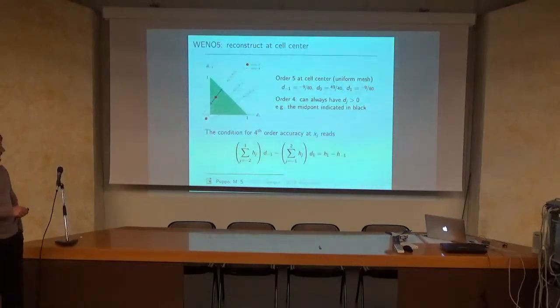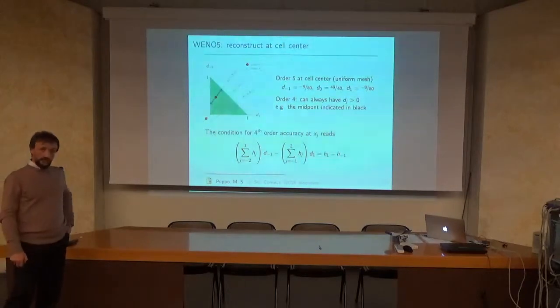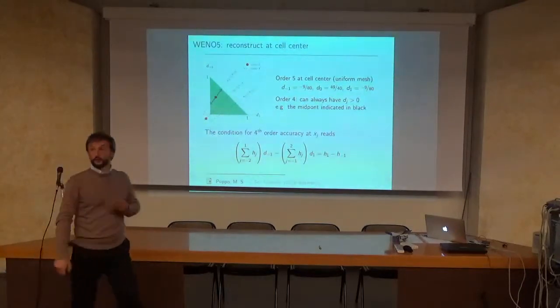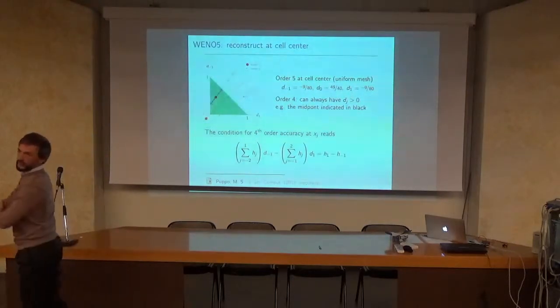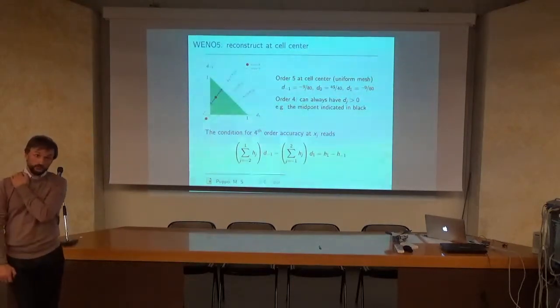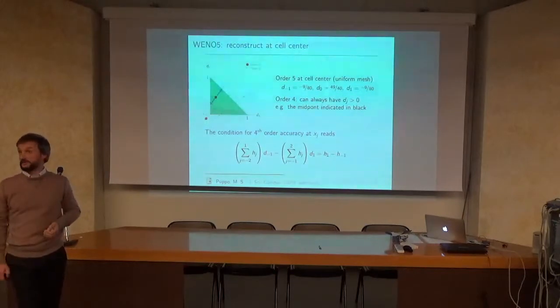So in this graph you see the variables are d1 and d-1, and this dot here represents this set of coefficients, and of course it should be inside the unit simplex, which clearly it is not. However, we were aiming at a fourth order scheme, so there's no point in requiring that the reconstruction at the center of the cell is fifth order accurate.